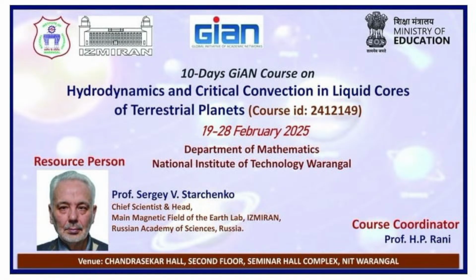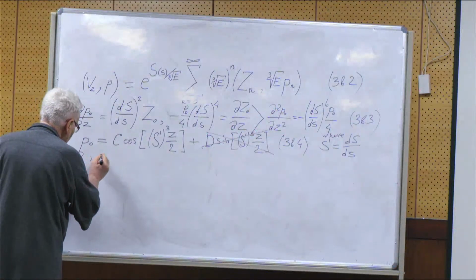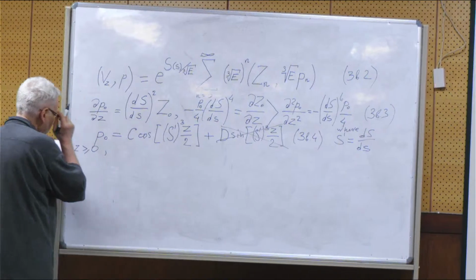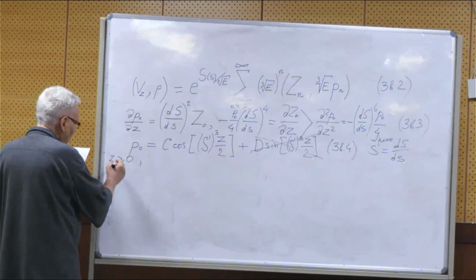Let us first consider the region of S greater than 1. This region here on this picture. This is S equal 1, directly in the middle of the shear layer. And so we can consider the region outside this central part with S greater than 0. So we put two conditions, S, Z greater or equal to 0.